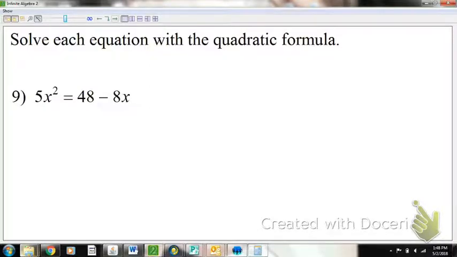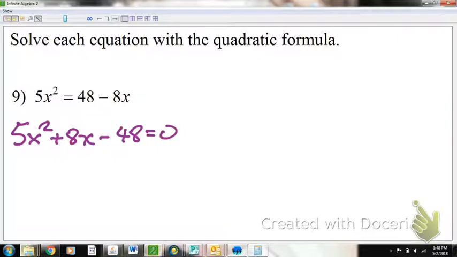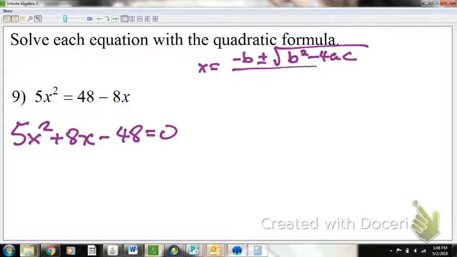All right, let's look at the next example, 5x squared plus 8x minus 48 is equal to 0. And we're going to use the quadratic formula. X equals negative b plus or minus the square root of b squared minus 4ac all over 2a. You can hear Nick House singing that right now.